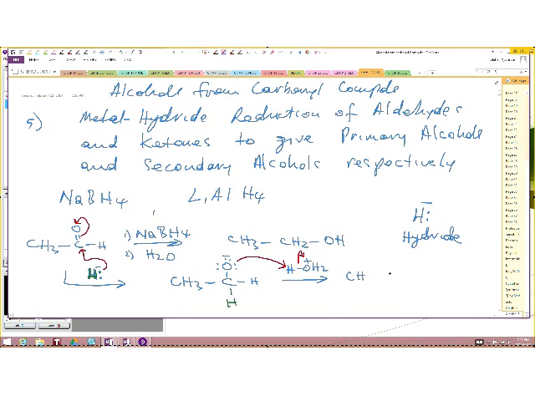And then you get this. So if you look at this, essentially you are adding two hydrogen atoms across the carbon-oxygen bond. One of the hydrogens comes from the metal hydride, and the other hydrogen comes from the dilute acid or from the water. Let's just make that dilute acid.